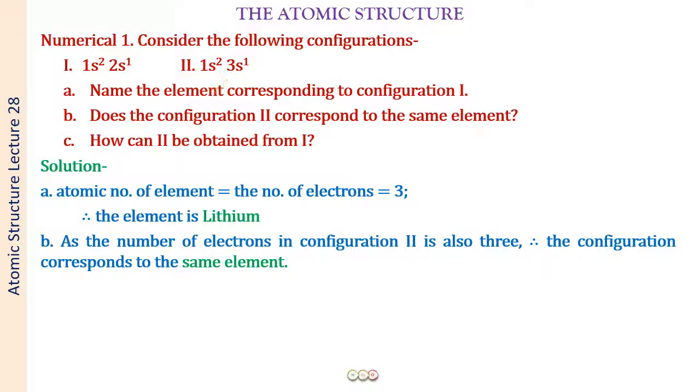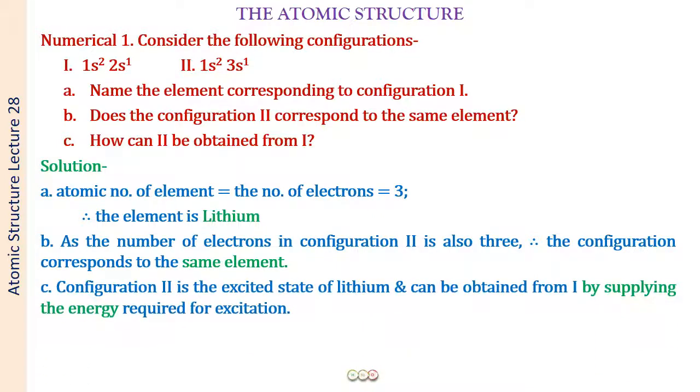Well, this configuration is because of the excitation of the electrons from the lower energy levels into the higher energy level, right? So configuration 2 is the excited state of lithium and we can obtain it from 1 by supplying energy required for the excitation. I hope this question is clear now.